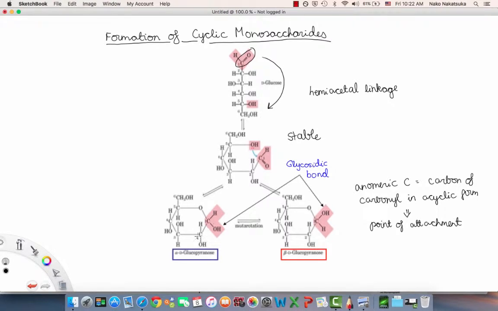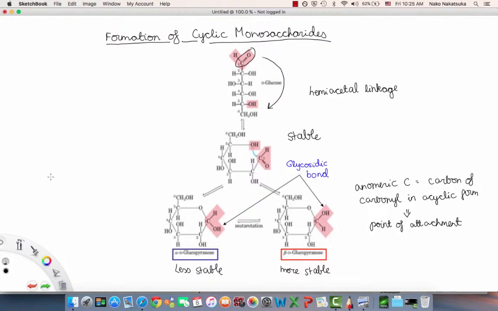Also, when we look at the alpha versus beta, the alpha D-glucopyranose has the OH in an axial position, which is actually less stable. For the beta D-glucopyranose, the OH is actually in an equatorial position, and so it's more stable.